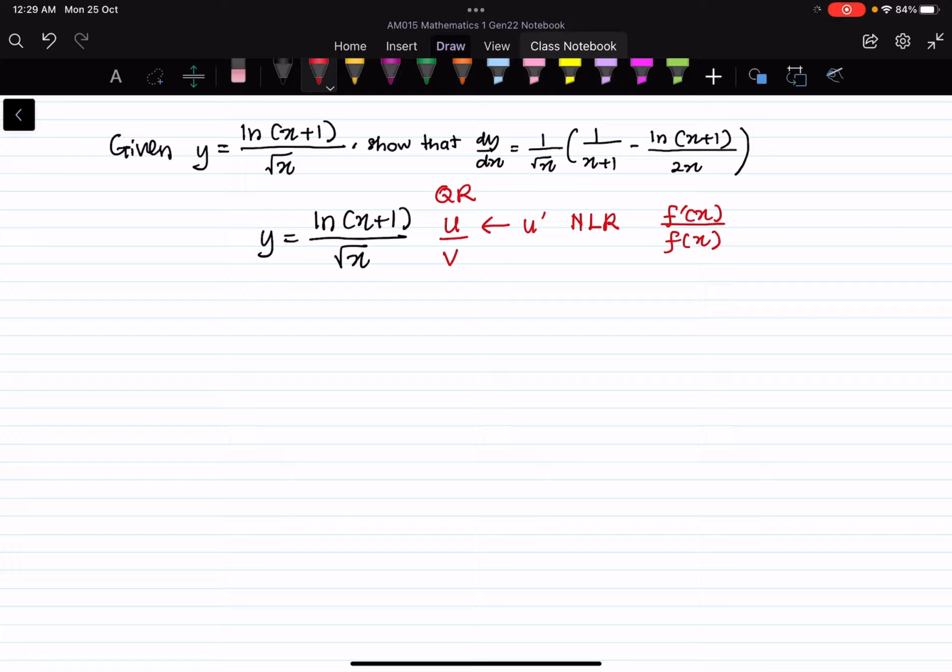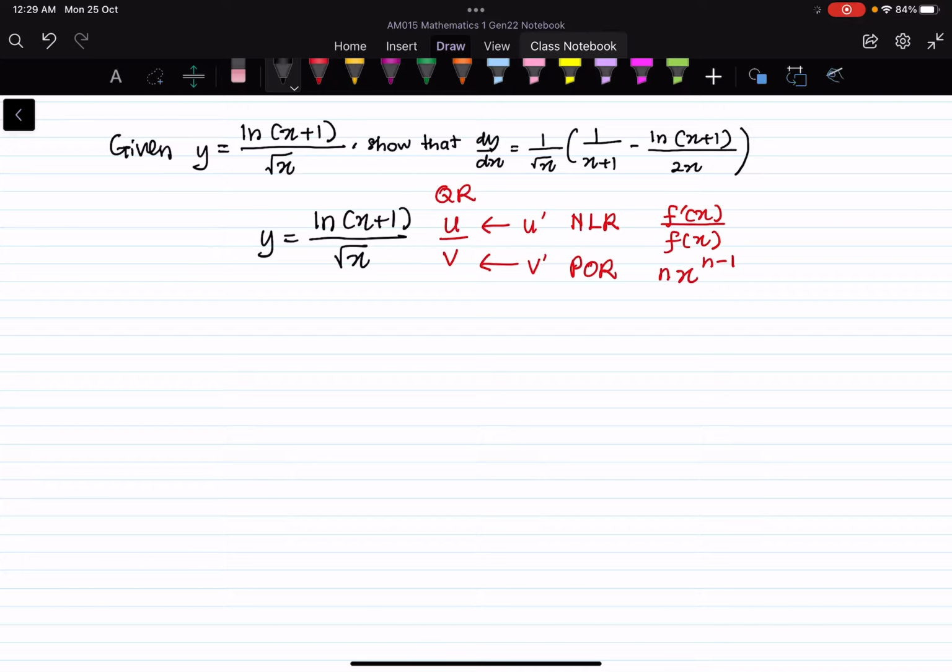That is how we differentiate natural log. And for v prime, we're going to use the power rule because we have a function in the form of a power, where we bring down the power, copy down the function, and the power minus 1. So this is our plan.